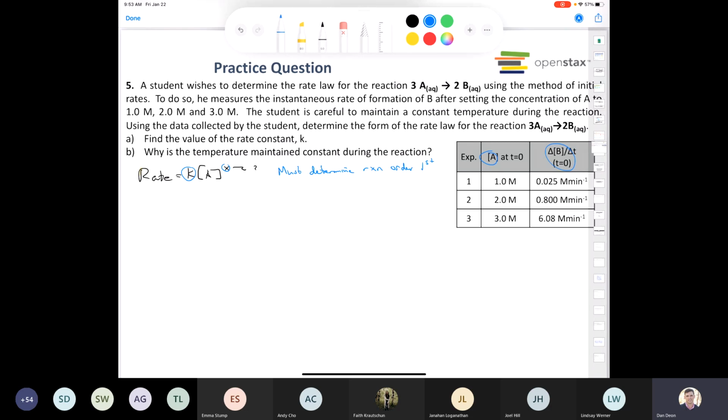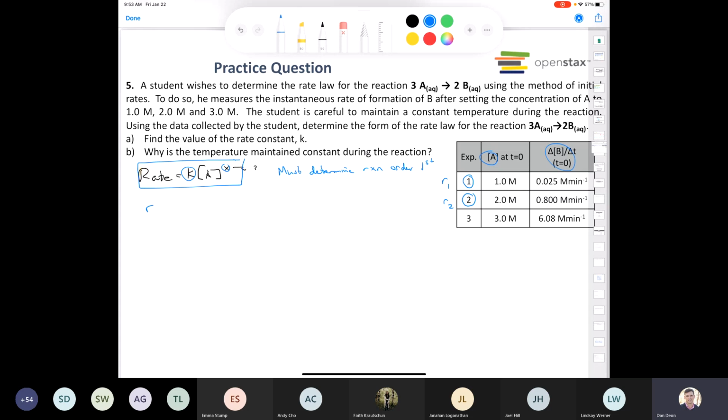Well, using this generic rate law right here. Let me show you how we use the method of initial rates. What I'm going to do is compare experiment 2 and experiment 1. I'm going to call these R2 and R1, since they're experiment 2 and 1 respectively.